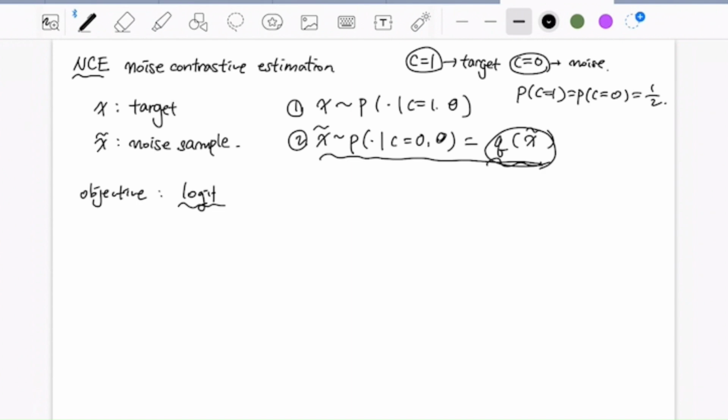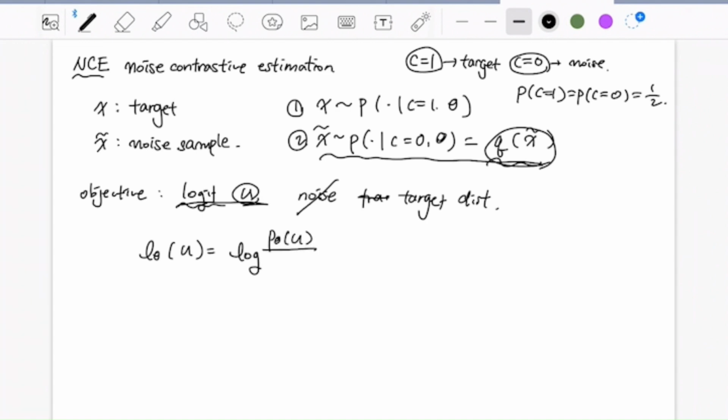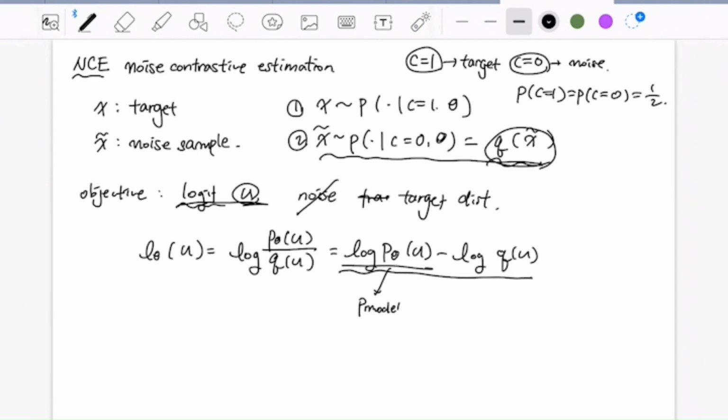We're going to get this logit of sample u, not from the noise distribution, but from the target distribution. So we can write the logit of u as log p_theta(u) over q(u), and this is equal to log p_theta(u) minus log q(u), right?